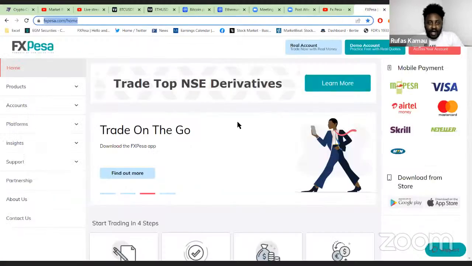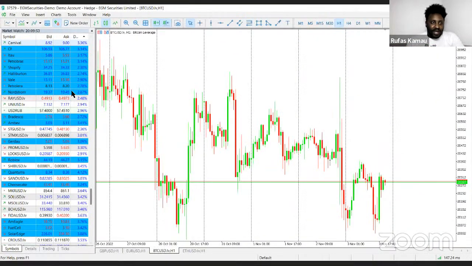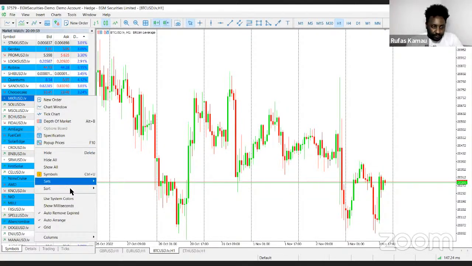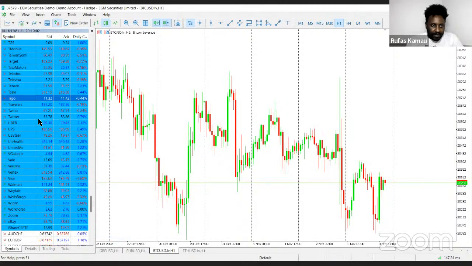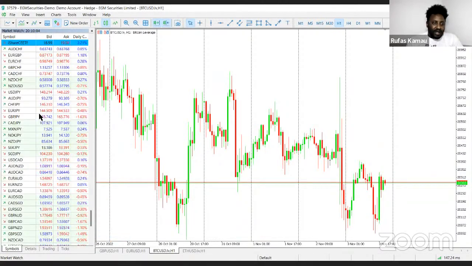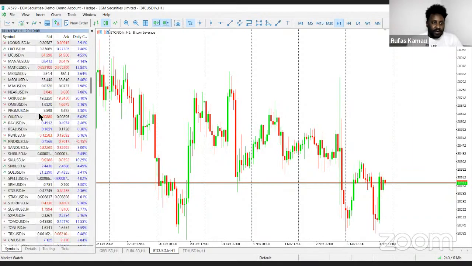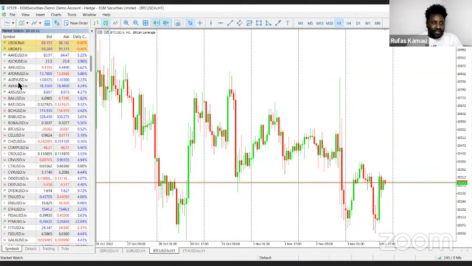So now that we are past that particular stage, this is the MetaTrader 5 trading application. I'm sure that if you have been trading, you understand all these concepts. Let's look at these. We have quite a large number of cryptocurrency CFDs available for trading on this particular platform. These CFDs have different names. For instance, this is AAVE, I don't know how you pronounce this. It's a very popular cryptocurrency platform.